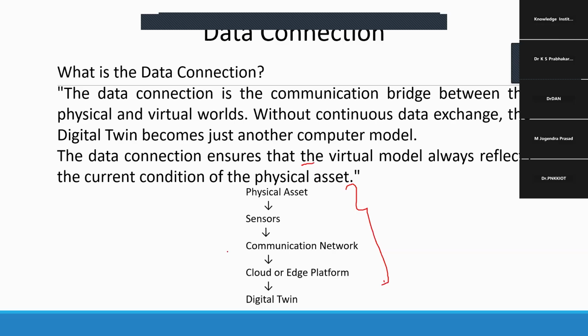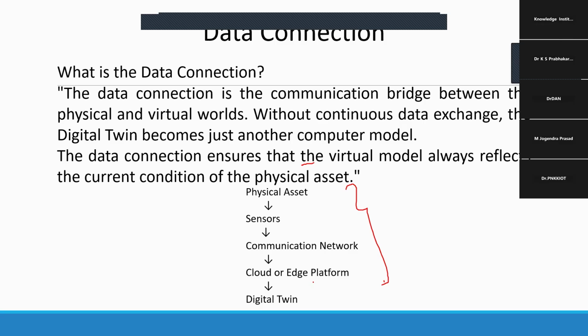For example, sensors and IoT devices connect the operational data. Then the communication network transfers the data through cloud and network technologies. The fourth component is the edge platform, or virtual model.